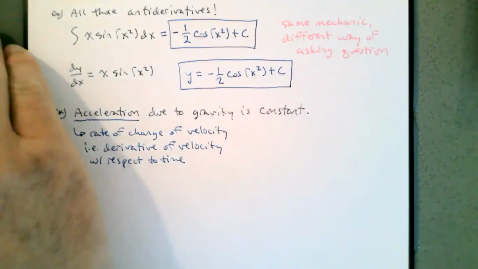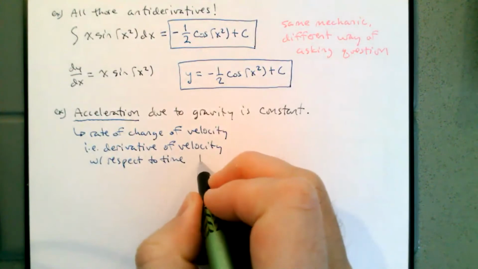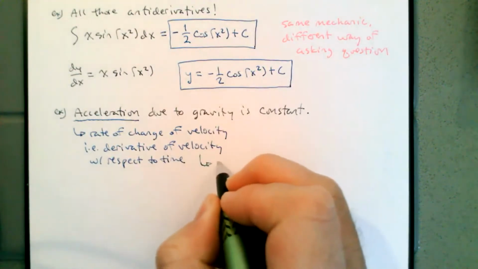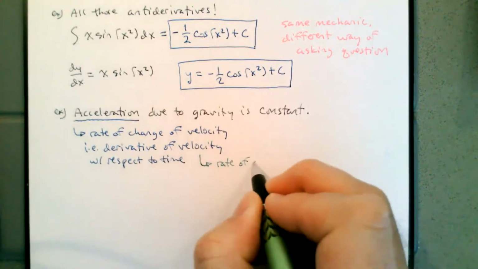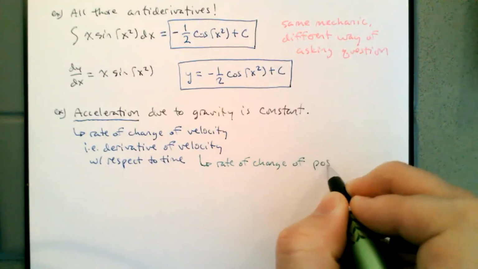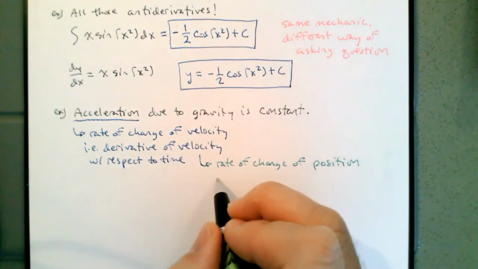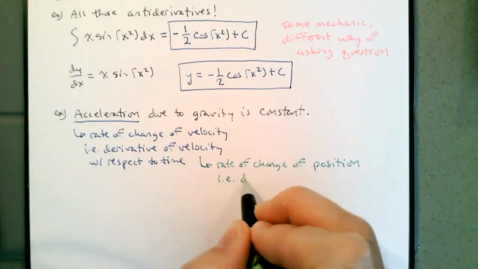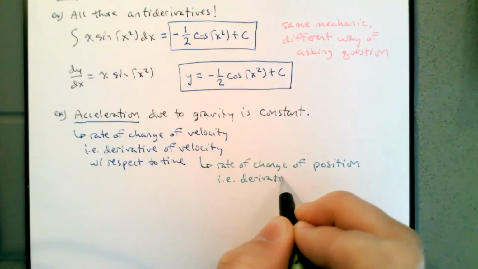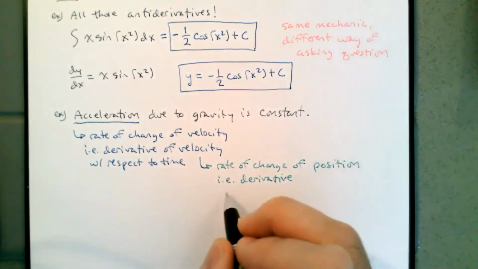And velocity is the rate of change of height with respect to time when stuff is falling. So the velocity is just the rate of change of position, that is the derivative with respect to time.